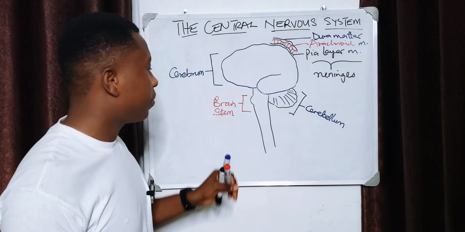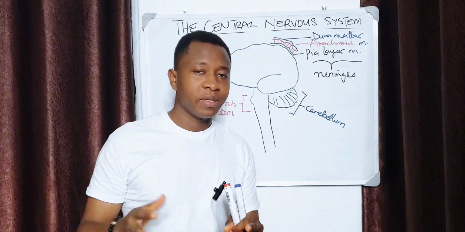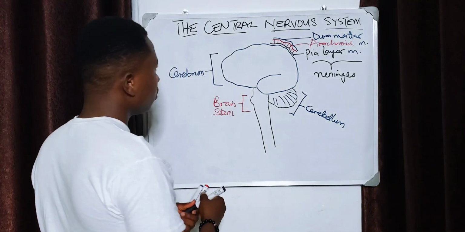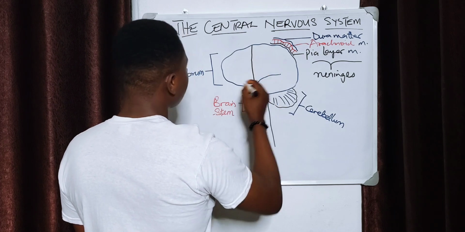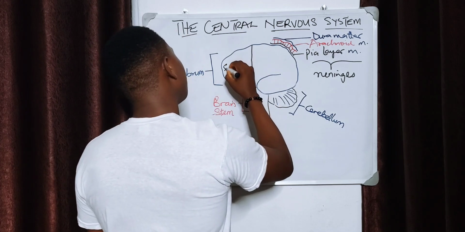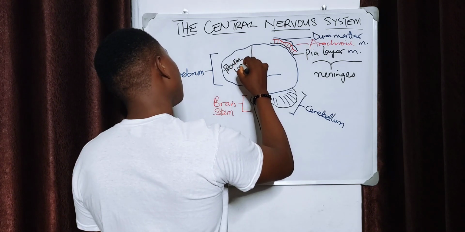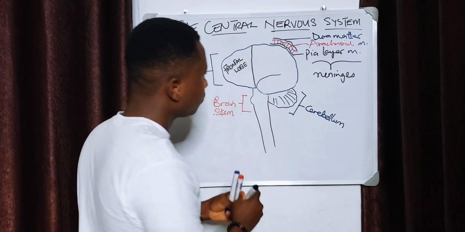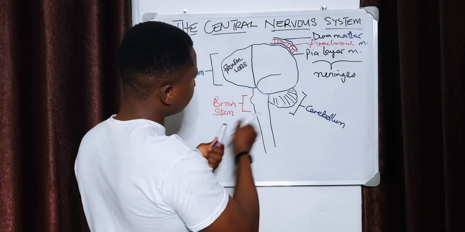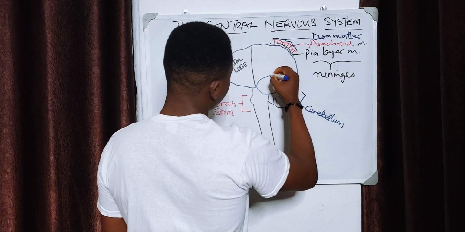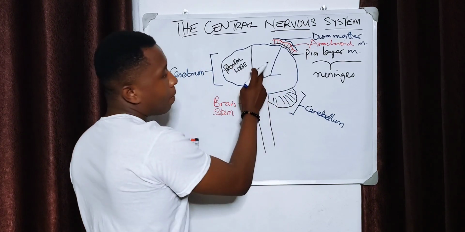Now, the cerebrum is actually divided into four main parts, four lobes. You have the first division here. This is called the frontal lobe. Then you have another division here, and this is called the parietal lobe.